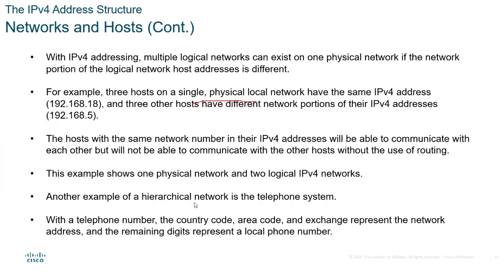Then another example of a hierarchical network is the telephone system. The country code, area code, and exchange represent the network address, and the remaining digits represent a local phone number. You understand? When you see 080 in the case of Nigeria, when you see 0805, you know you are dealing with the Glo network.